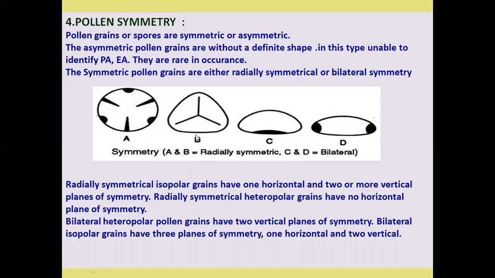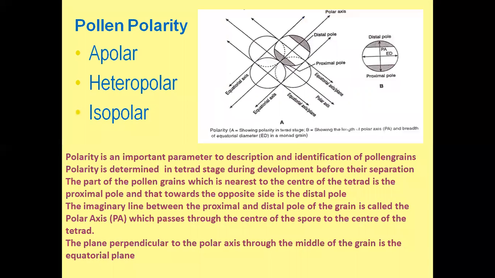These are the two radial symmetry pollen grains, A and B. In the case of C and D, it is bilateral symmetry. Bilateral heteropolar pollen grains have two vertical planes of symmetry, but bilateral isopolar grains have three planes of symmetry, one horizontal and two vertical. Based on that, we can conclude what type of symmetry is present in the pollen grain.